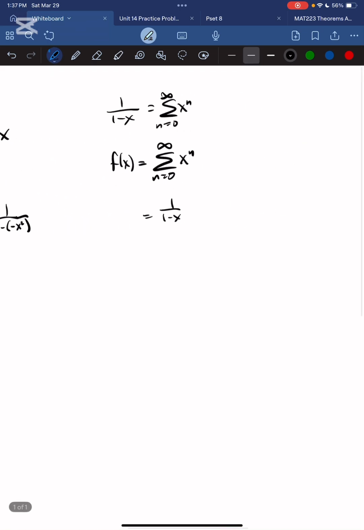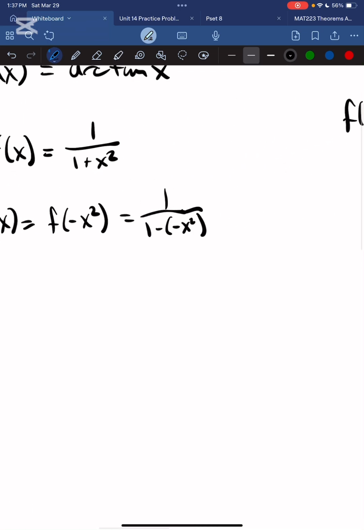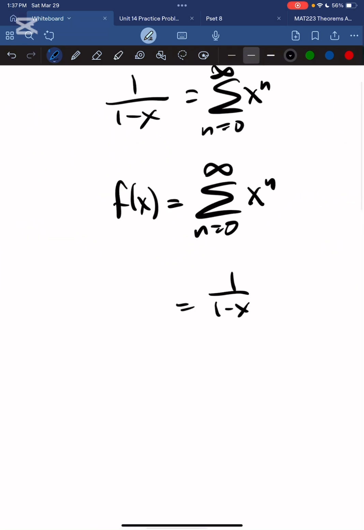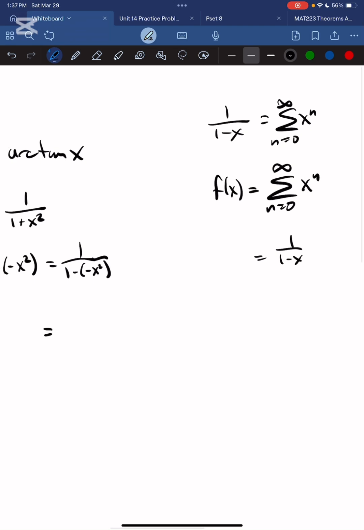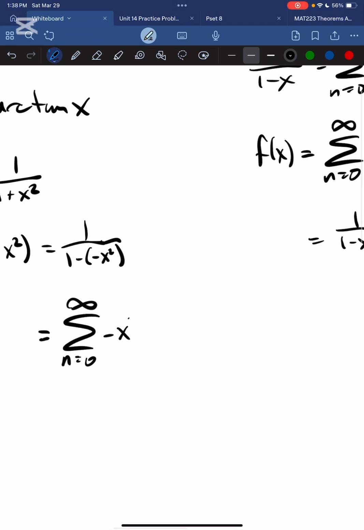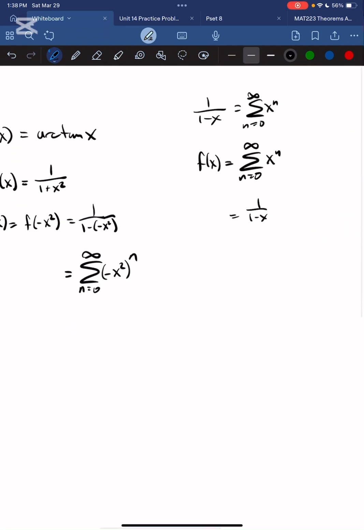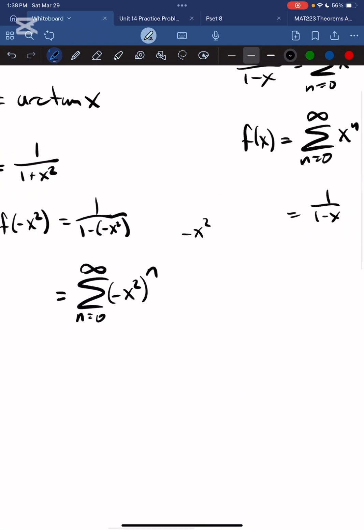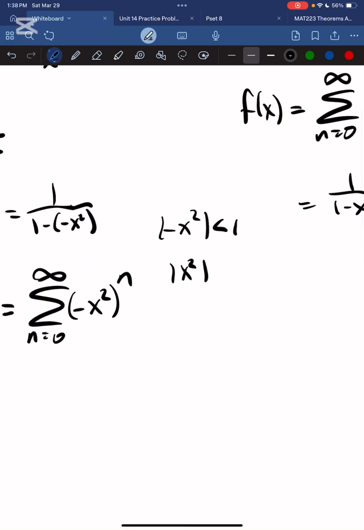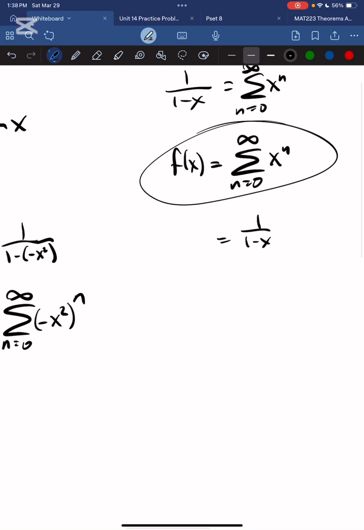And now this is solely computation. We can plug negative x squared in here, so we end up getting the infinite series of (negative x squared)^n. This is valid for all negative x squared less than 1, which is the same as saying x squared less than 1, which is the same as saying absolute value of x less than 1. So this is all valid on the same domain as this.